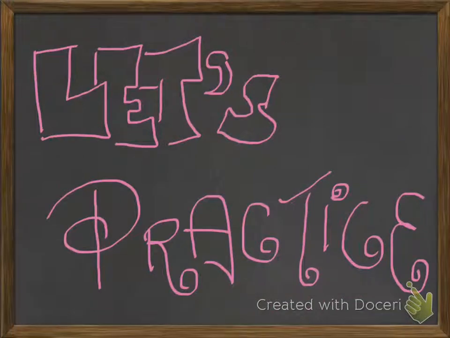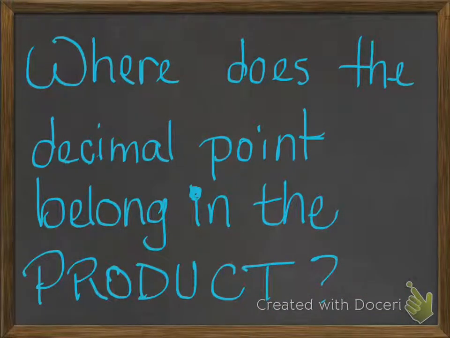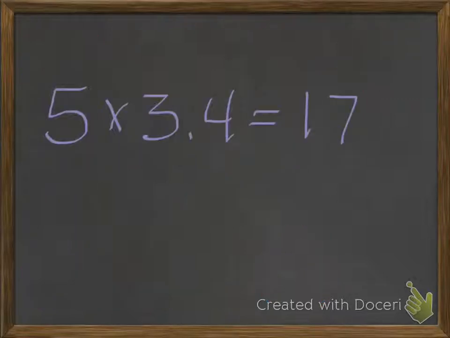Let's practice a few. Where does the decimal point belong in the product? In the answer to the multiplication problem, where are we going to put the decimal point? So we have 5 times 3.4, and it looks like it equals 17. Should the decimal point go at the end? Should it go in the middle? Or should it go at the very front?